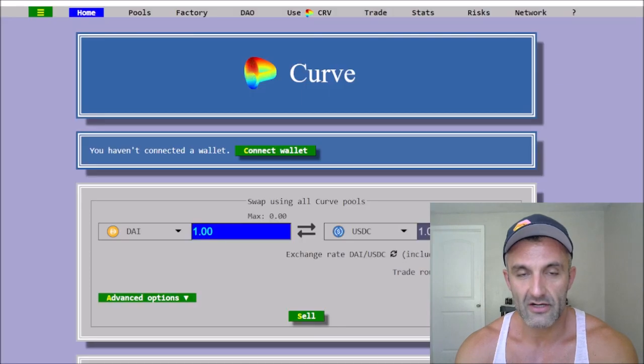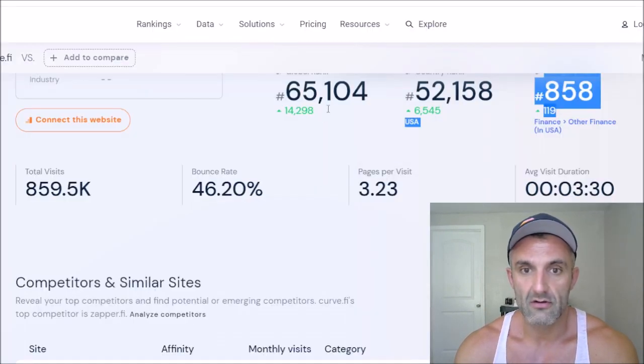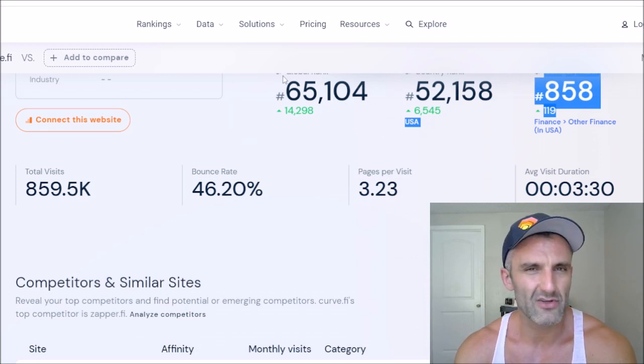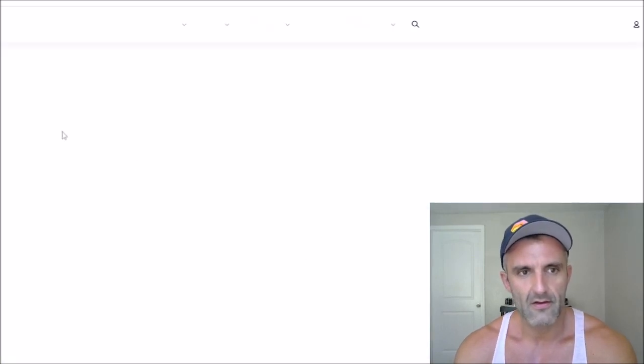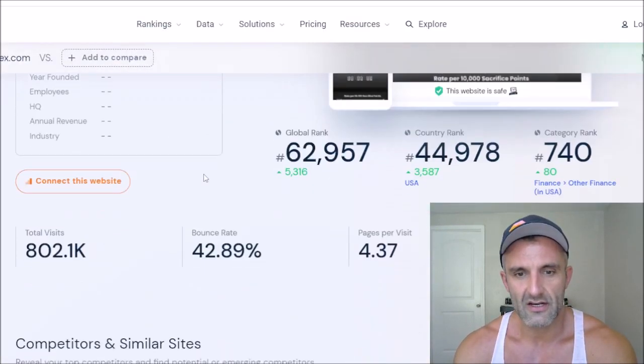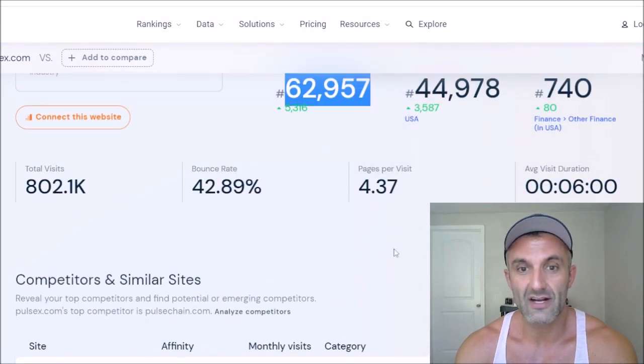Can this project, which is live and globally known, be higher ranked than something like PulseX that isn't even out yet? Let's take a look at the data and see. So we'd use the same site, pulsex.com. Look at this. Globally, PulseX is ranked 63,000th.